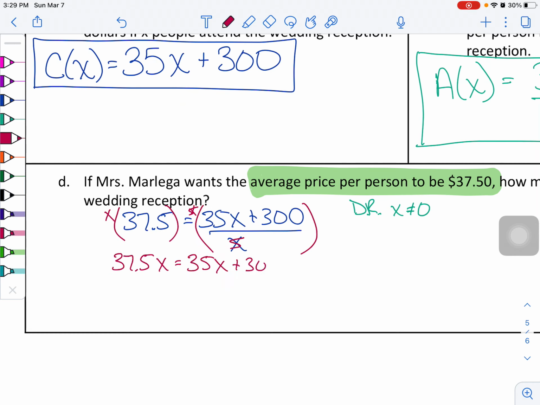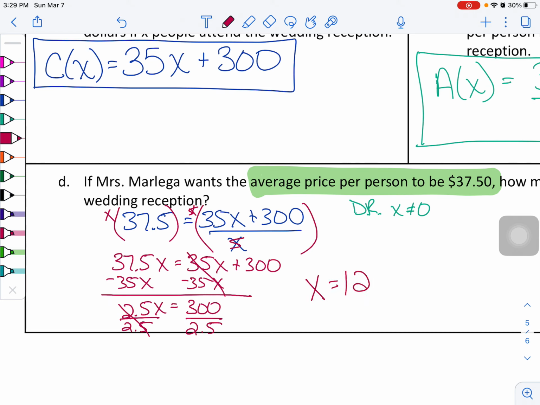So I'm going to multiply through both sides by x. So 37.5x equals, on the right side, the denominator will cancel out the LCD, so 35x plus 300. I'm going to subtract 35x from both sides. So 37.5 minus 35 is 2.5, and that's going to equal 300.